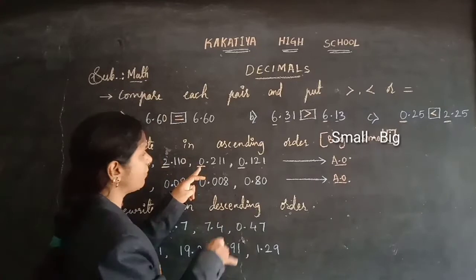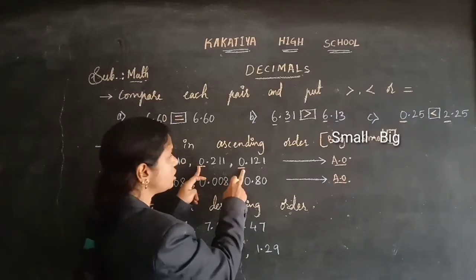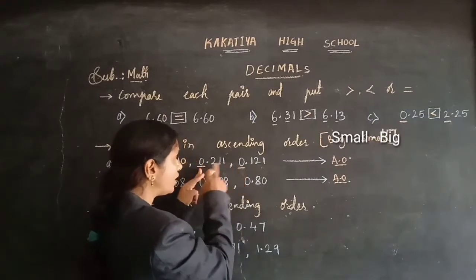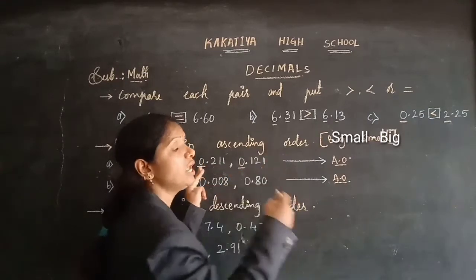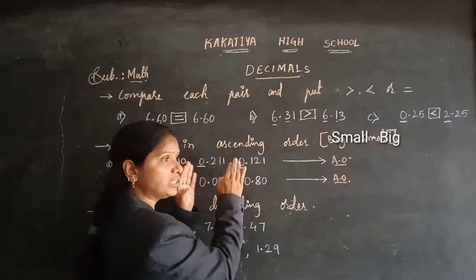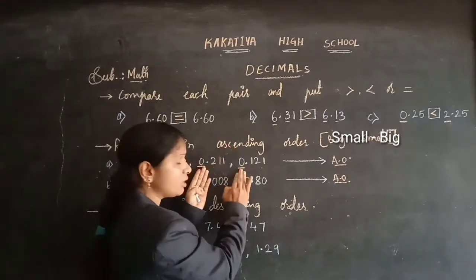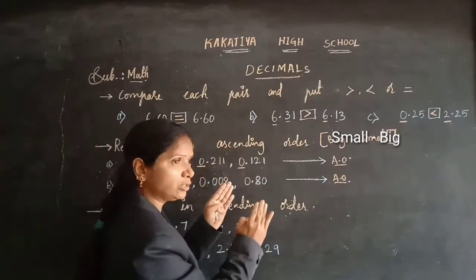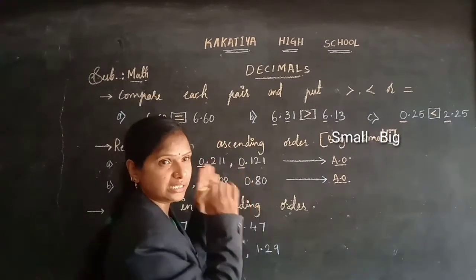Okay. First I am comparing these 2 numbers. 0 0, we have the same number in the integral part. So for these 2 numbers we should go to the decimal part. Why? Because the integral part is the same for these 2 numbers. So we are going to the decimal part of these 2 numbers only.